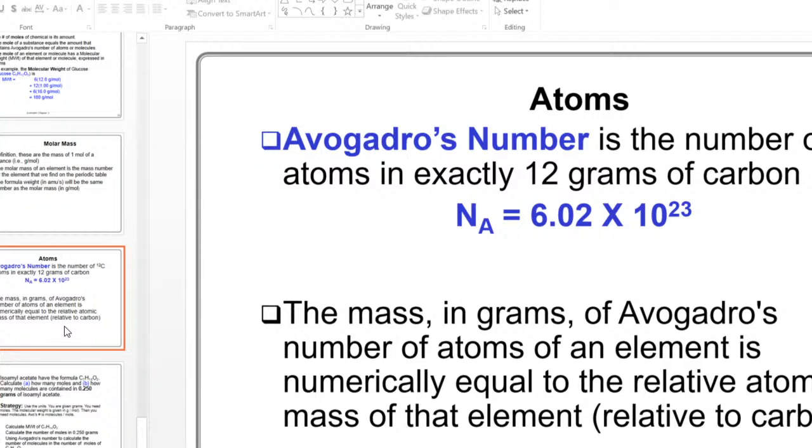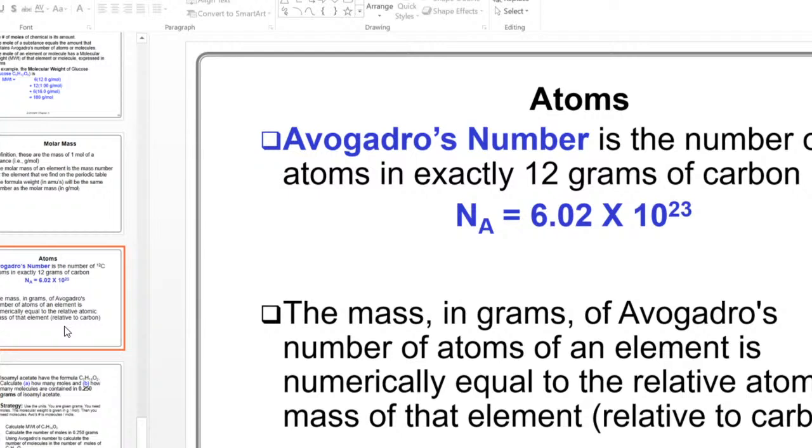This number is very important. It helps us to determine the number of atoms, molecules, ions, or particles present in a given substance.